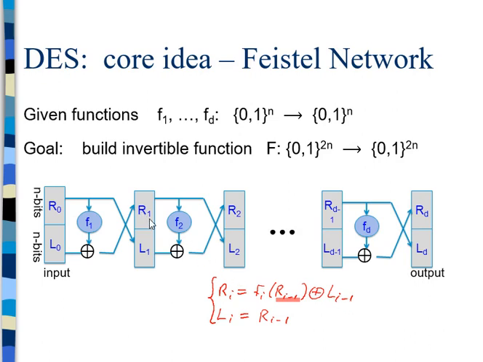Here R1 is equal to f over R0 XOR by L0, and so on. Here R2 is equal to f2 over R(i-1), which is R1, XOR by L1. Okay, and L2 is equal to R1, and so on.